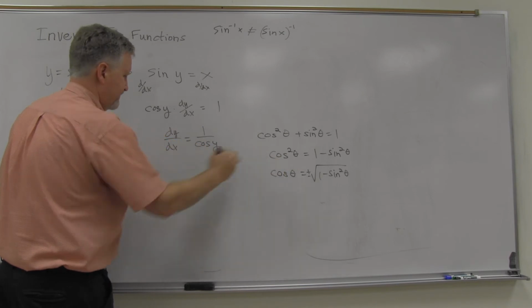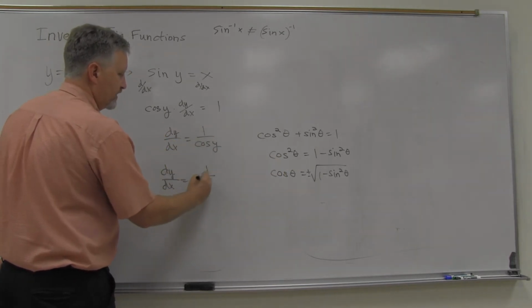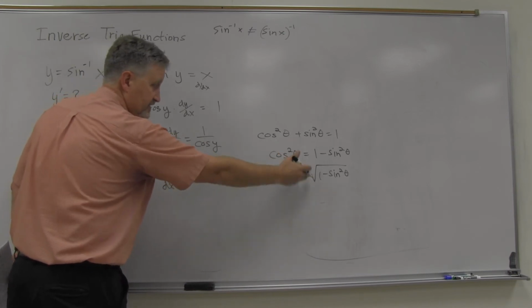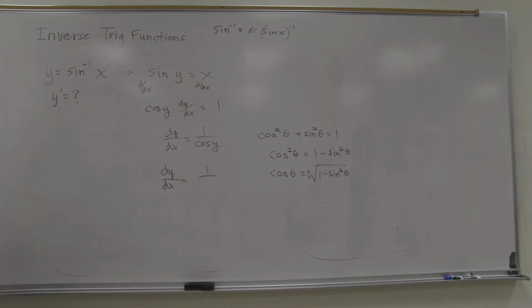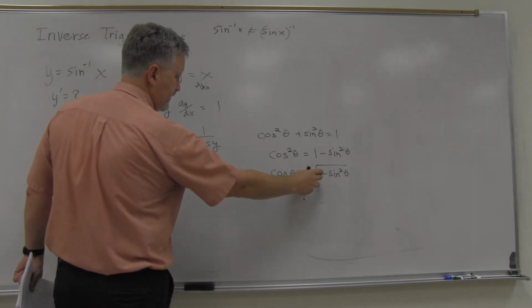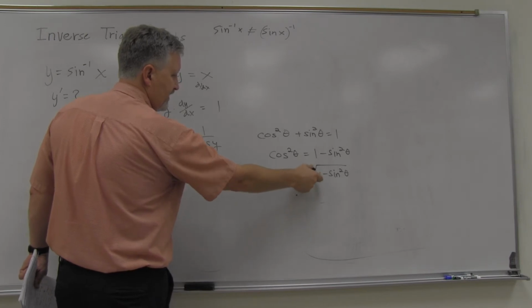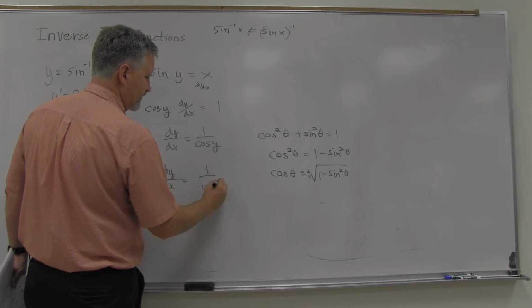You need the positive counterpart to that. So let's rewrite. So 1 over cosine y using that, and it's the positive, not the negative, because of the restrictions on x, or restrictions on y. Anyway, it's the square root of 1 minus sine squared y.